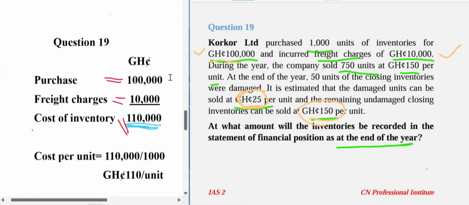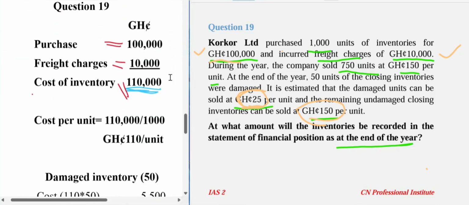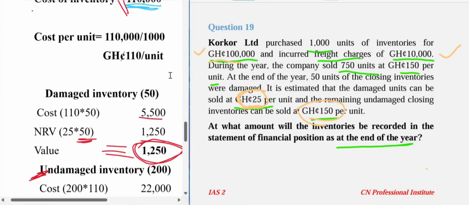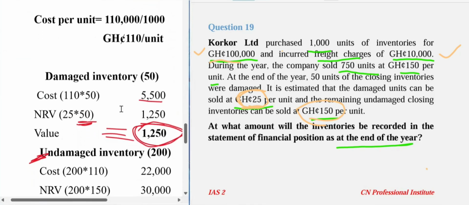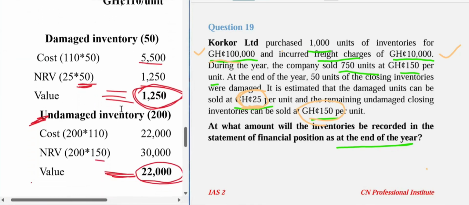So we've looked at how we value them. It's very simple, right? First of all, we had to get a cost. We added the freight charges, we got a cost. And then out of the 1,000 that was purchased, 750 was sold. So 250 was left in inventory. So we value the 250, and out of the 250, 50 was damaged. So value the one that's damaged separately, and then value the one that is not damaged separately.